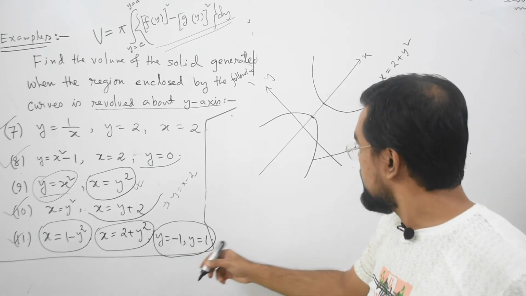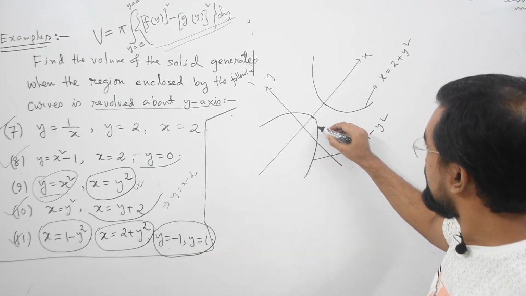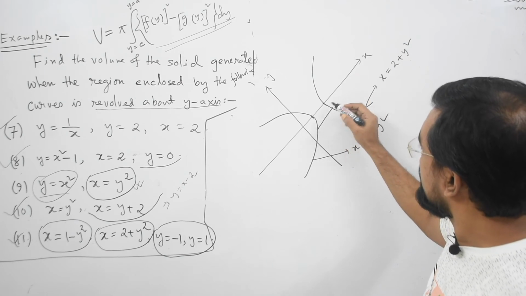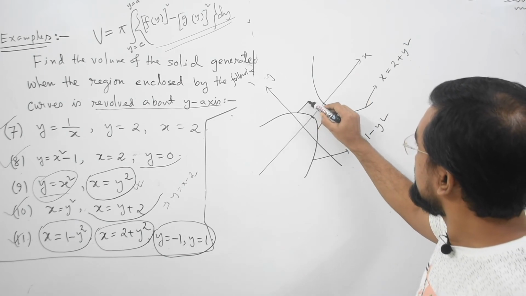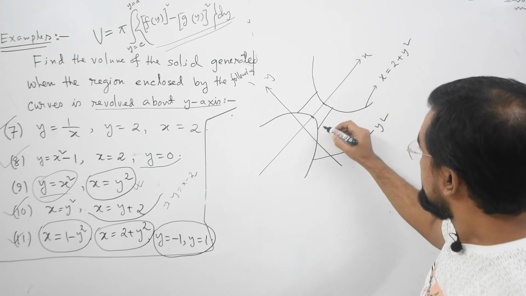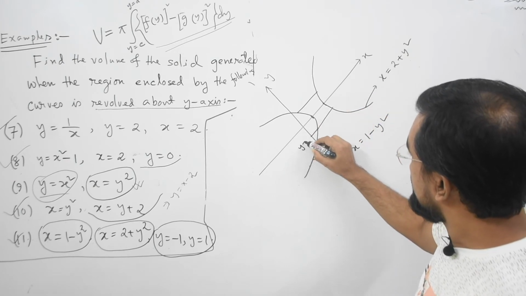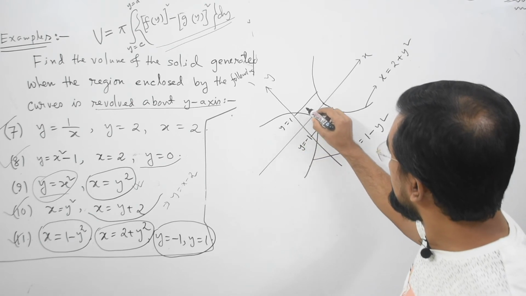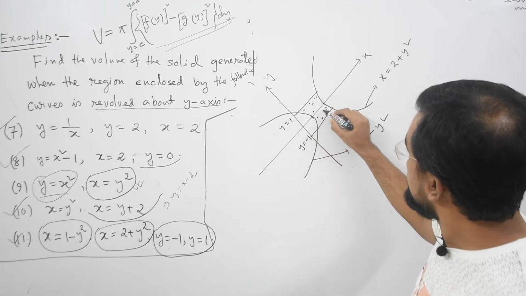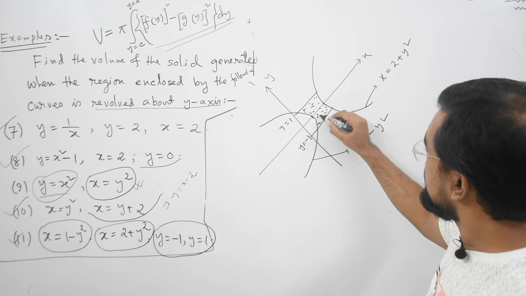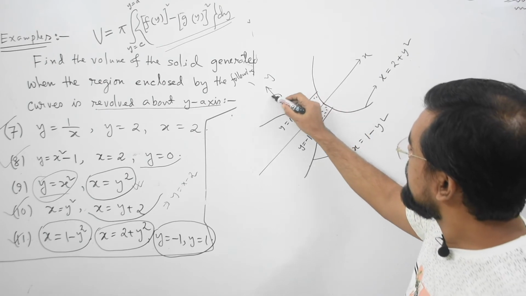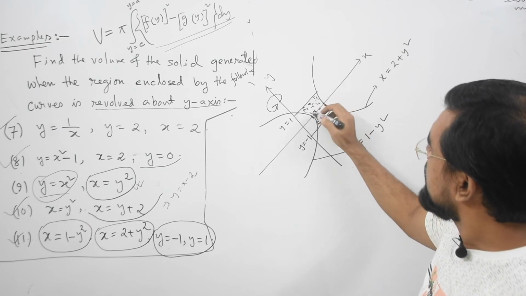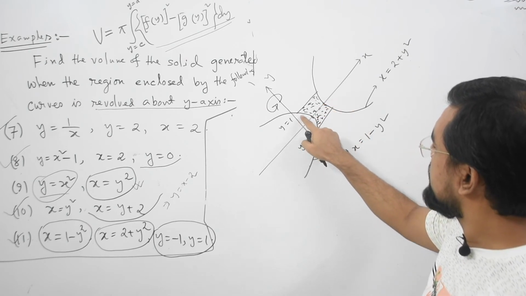Then y equals negative 1 is this line, and y equals positive 1 is this line. So this is our line y equals negative 1, and this is y equals 1, and the region is this region. If you revolve this region about the y-axis, you will get a solid with an empty interior.